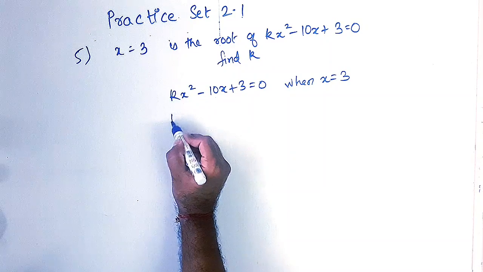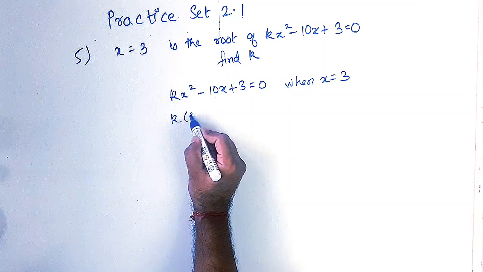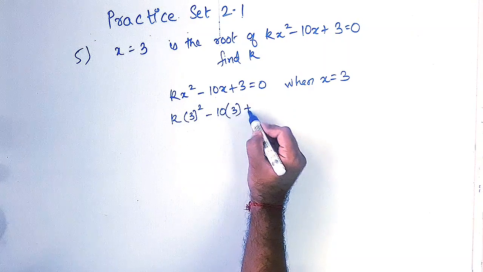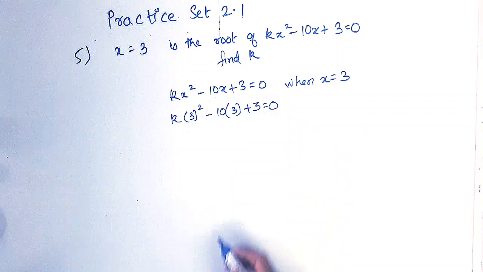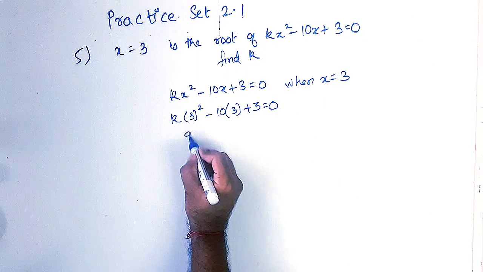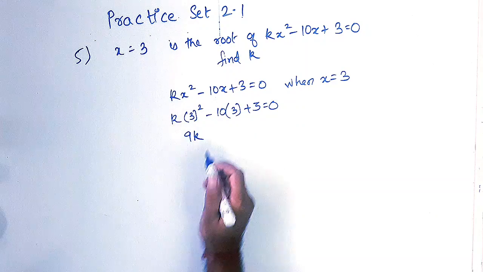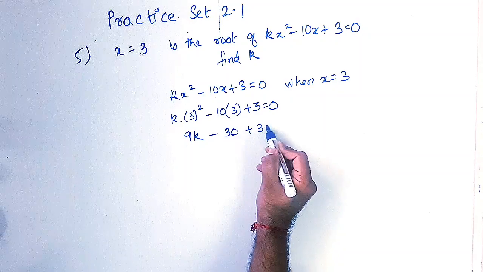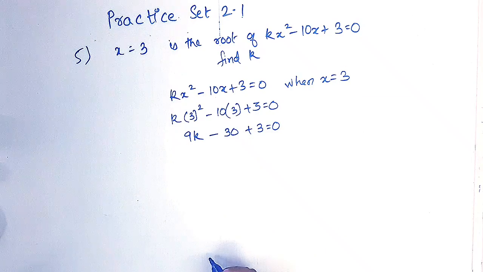Very simple. k into 3 square minus 10 into 3 plus 3 equals to 0. So this becomes 9k, 3 square is 9, minus 10 3s is 30, plus 3 equals to 0.